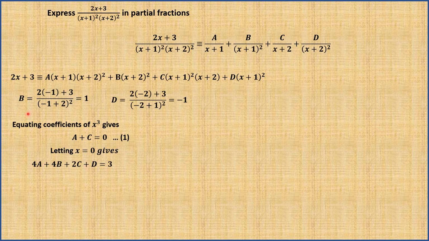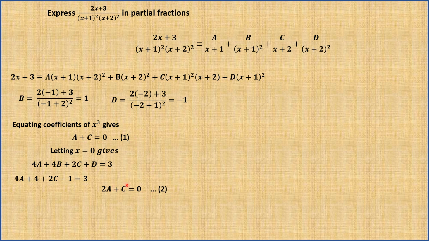Now since we have b and z already, I substitute b equals 1 and z equals minus 1. When I do that, I have 4a plus 4, since b is 1, plus 2c minus 1 equals 3. And simplifying that gives us 2a plus c equals 0, equation 2.